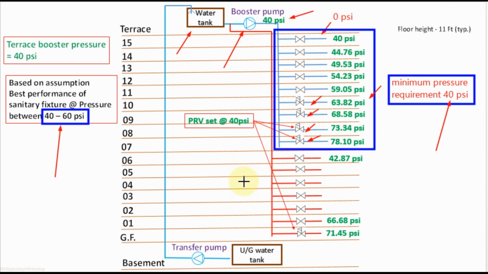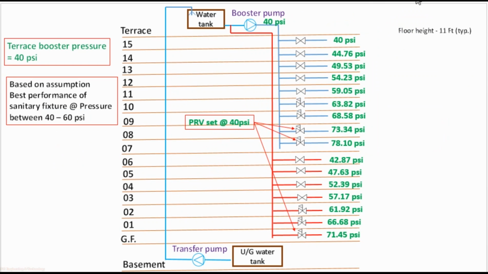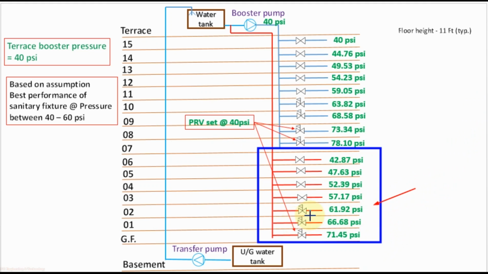You can set your PRV at the maximum limit also, that is 60 psi, but I use 40 psi, the minimum requirement, for the purpose of saving water. For the lower floors where we are supplying water by gravity, you can see after the top 4 floors the pressure becomes greater than 60 psi, so we will use the PRV, and we will set this PRV also at 40 psi.